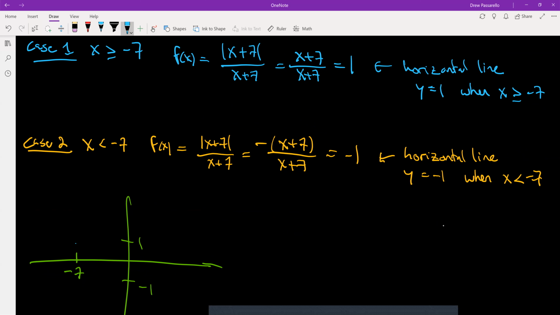So that'll be like that. So that's my top part. So that's f of x equals absolute value of x plus 7 over x plus 7, which eventually gave me 1 when x is greater than or equal to -7.